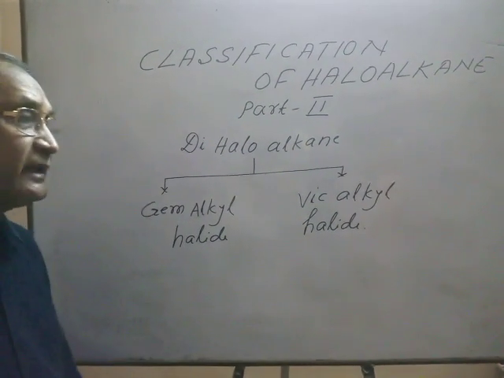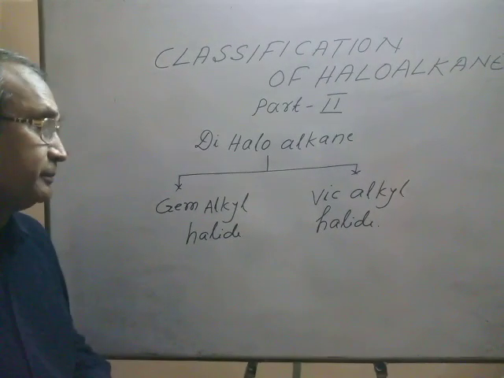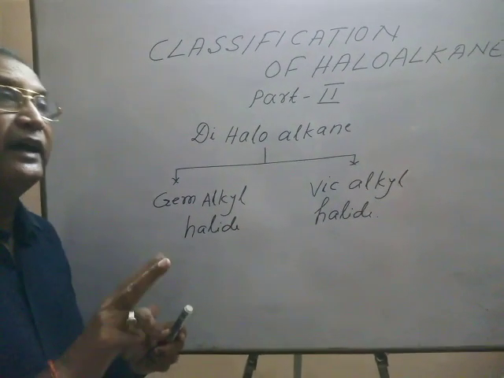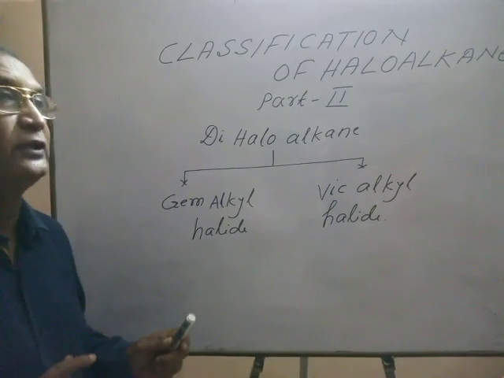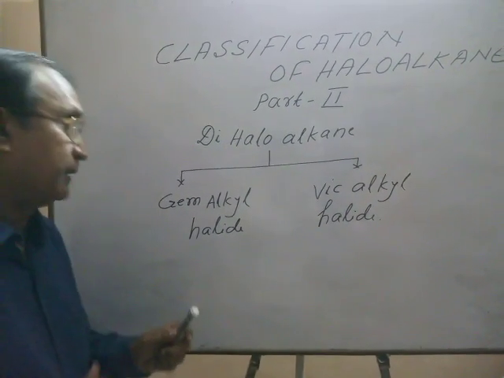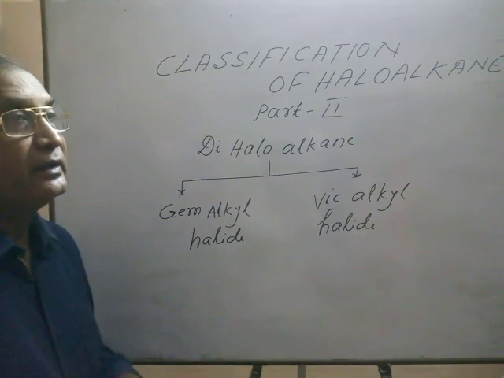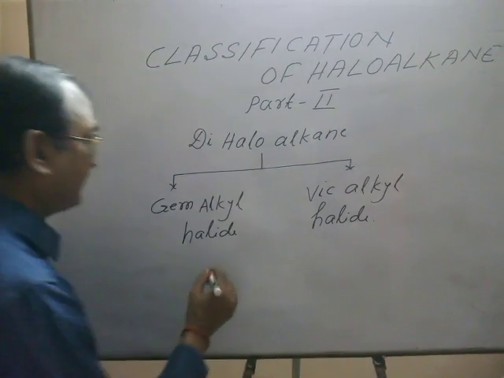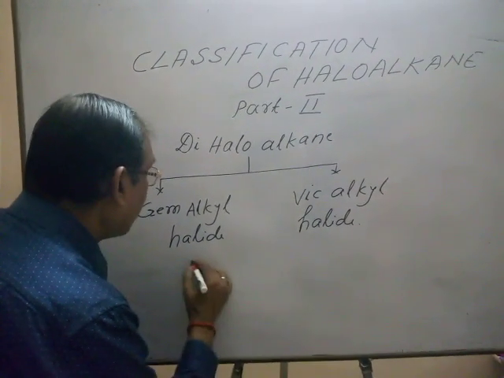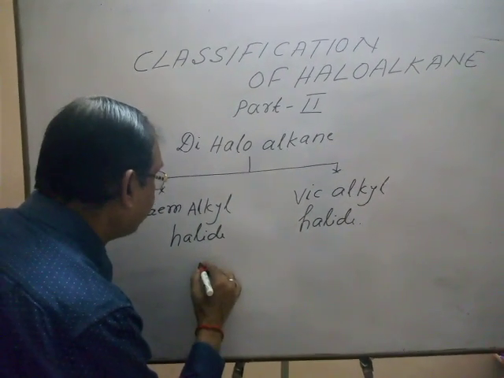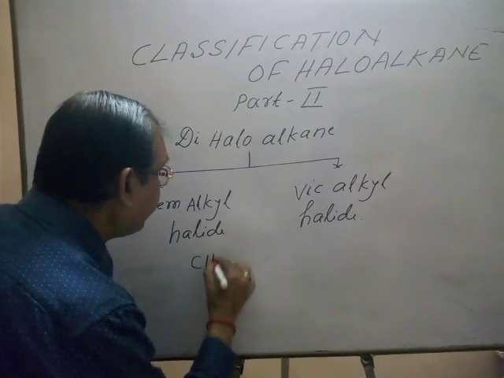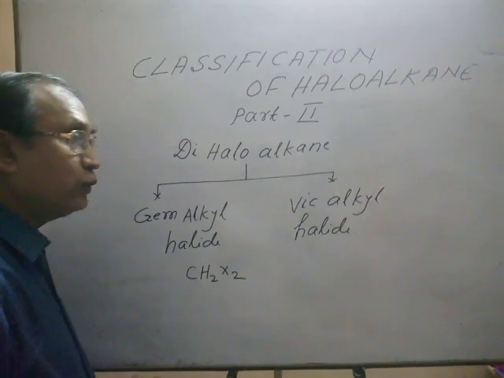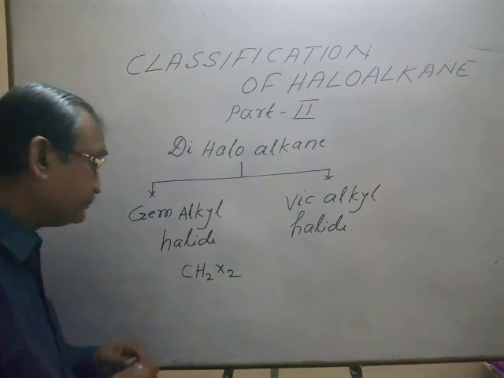What is GEM alkyl halide? If we consider any carbon and two halogens join in the same carbon, that is GEM alkyl halide. As for example, if we consider CH2X2, here what we see?